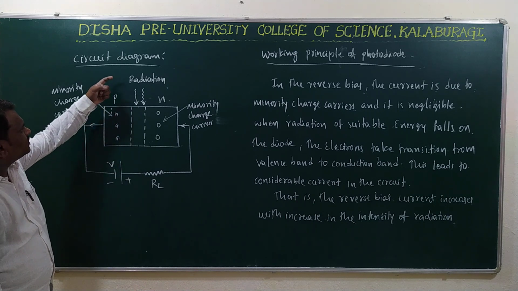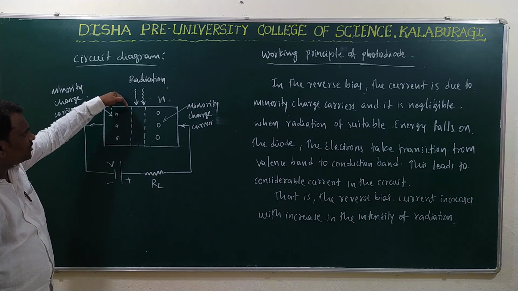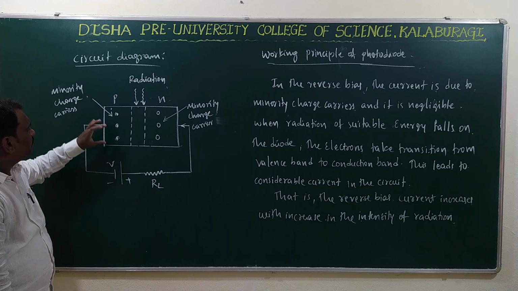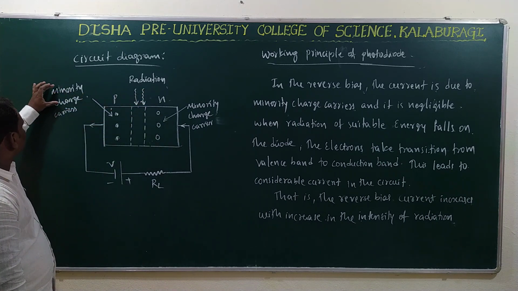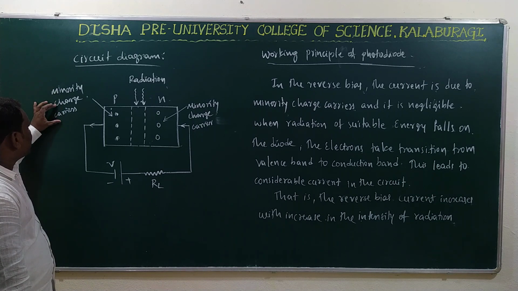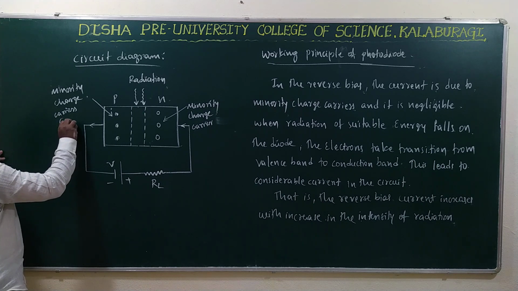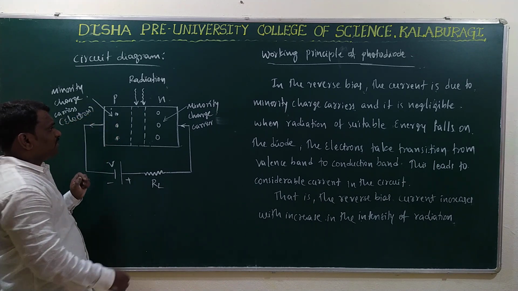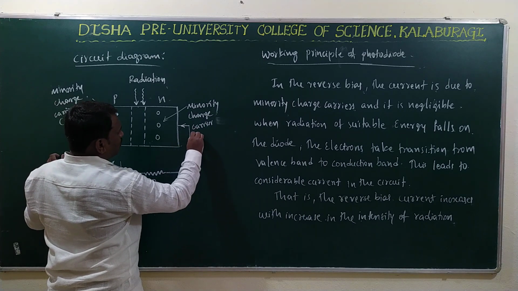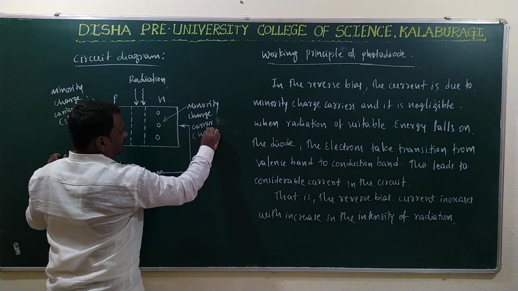Okay, next the radiations are incident on the junction. In the P type region, the minority charge carriers are electrons, and in the N type semiconductor the minority charge carriers are holes. Right?